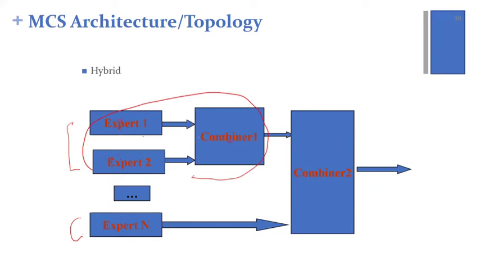This form is serial combination. Then finally, I'm going to combine these two together as the final combiner. So what this is showing us is that sometimes we might have an ensemble inside another ensemble. See, an ensemble inside another ensemble. So you can see here, this is one ensemble, which was developed by maybe participant A.